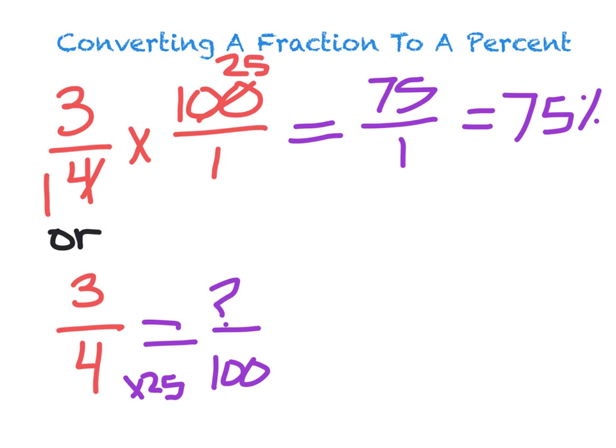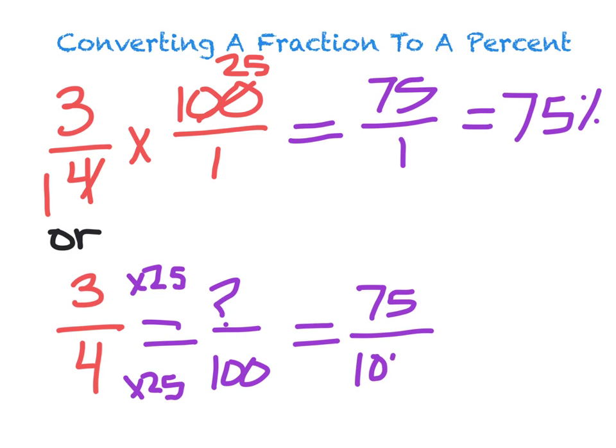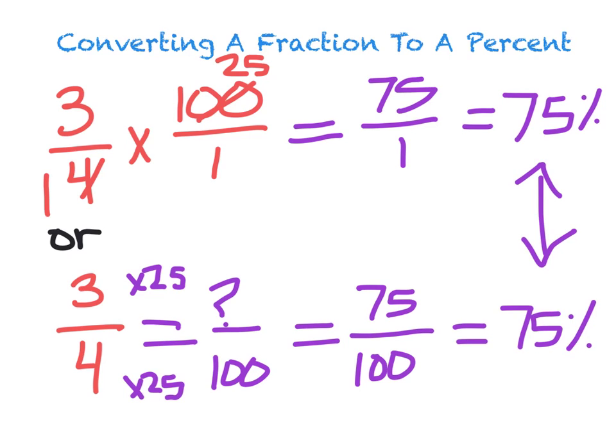Now whatever you do to the bottom, you have to do to the top. So we'll multiply 3 times 25, which gives us 75 over 100. And there you can see that we have 75%. Check your answers, and both of these are equal.